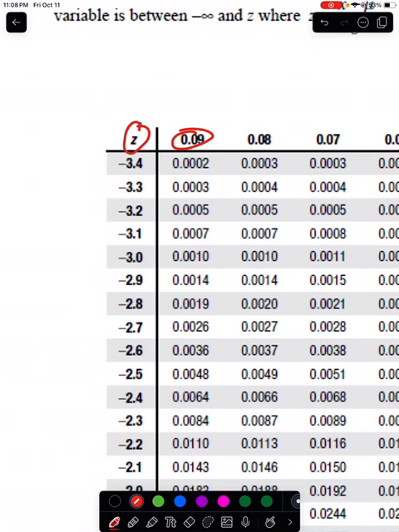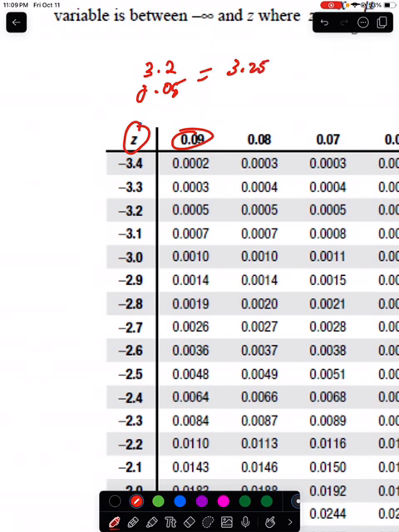So for example, if you have 3.2 and you adjoin the 0.05 with it, it will give me 3.25.